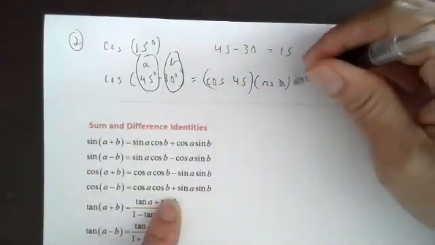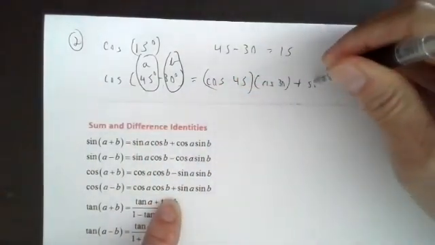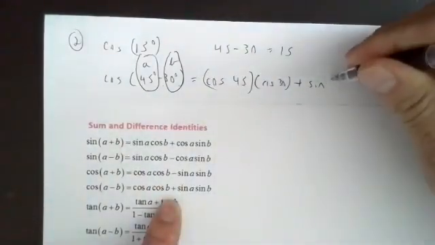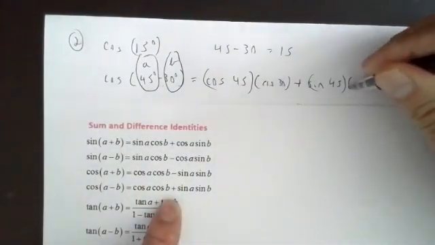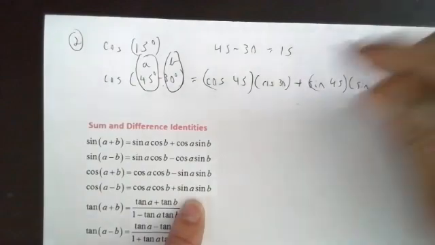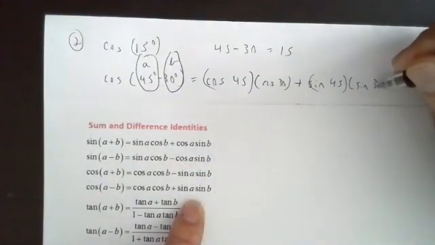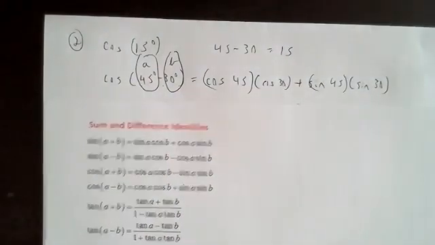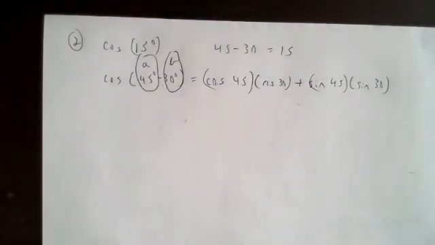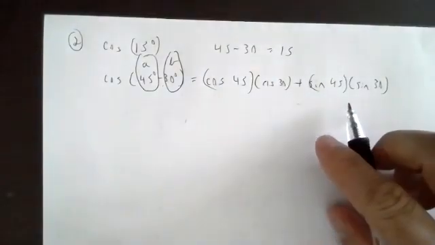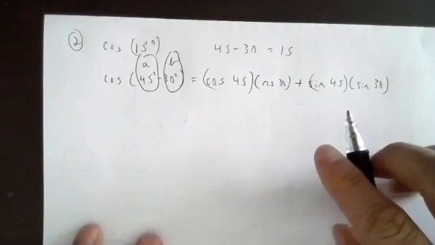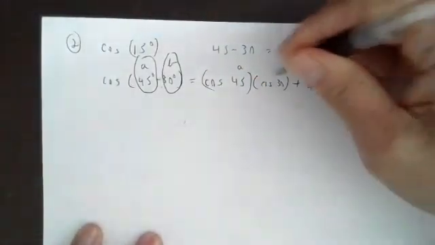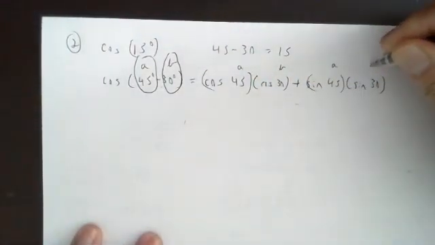And this time I'm going to add the sine of the A angle, which is 45, times the sine of the B angle, which was 30. So that's how I use my formula to get that. This part you just use the formula. So that's my A and B angles.